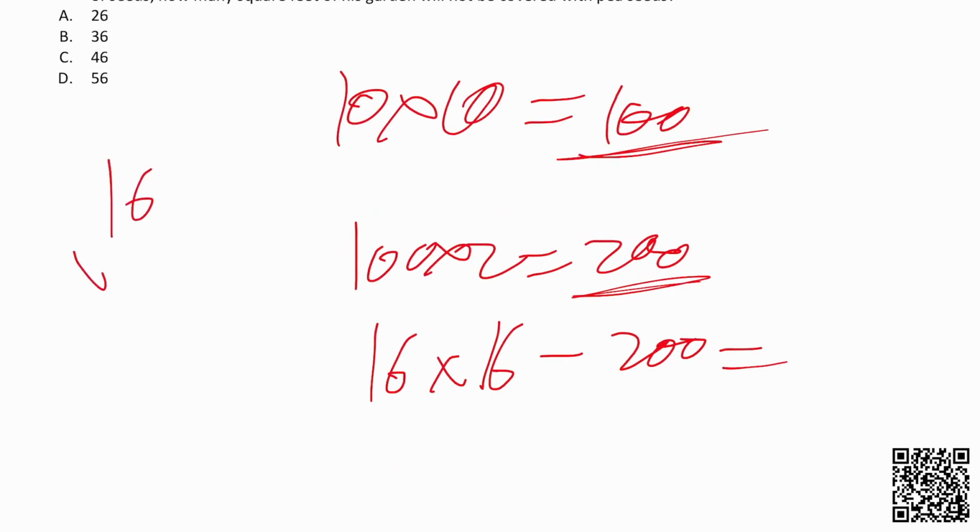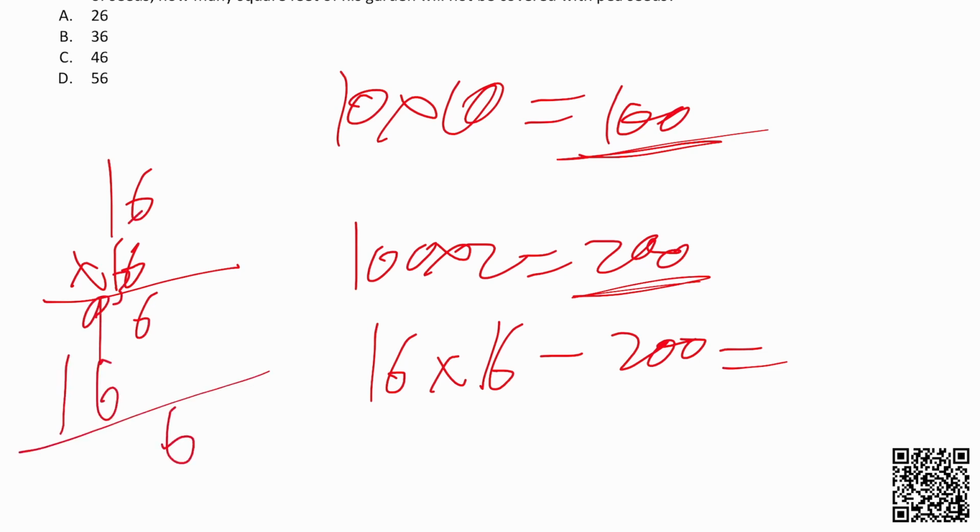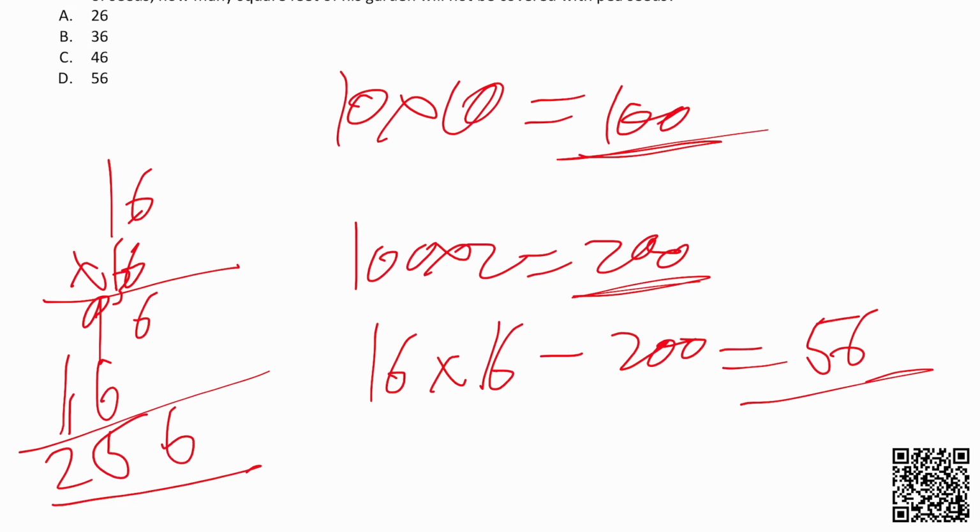So multiplying 16 by 16 gives us 256, which is the area of his square garden. Subtract 200 is obviously 56. And it's pretty simple. So our correct answer is D.